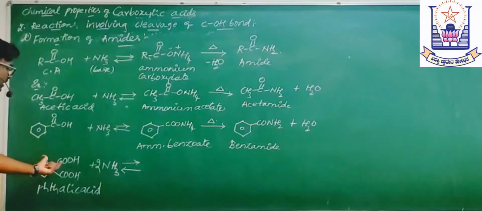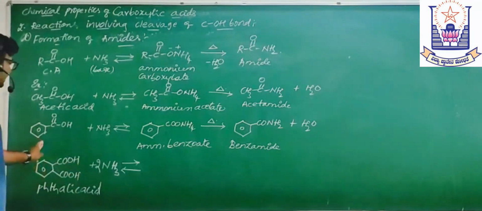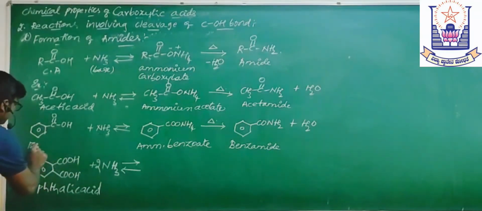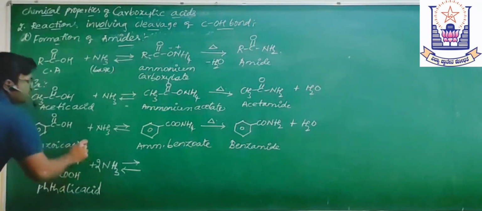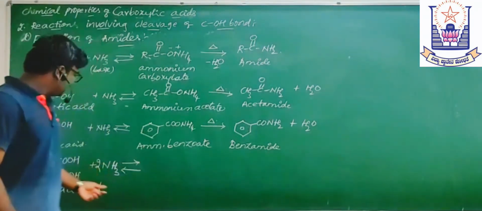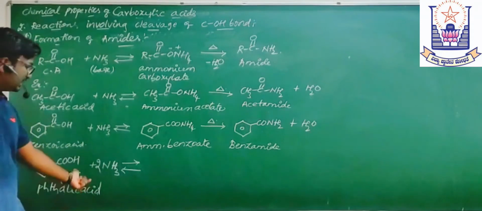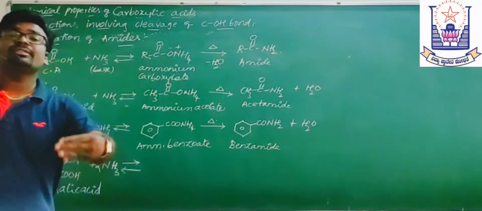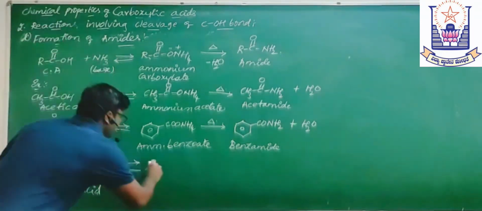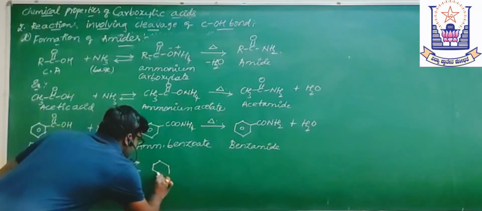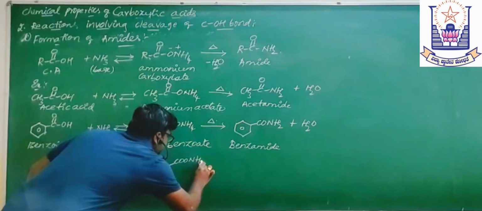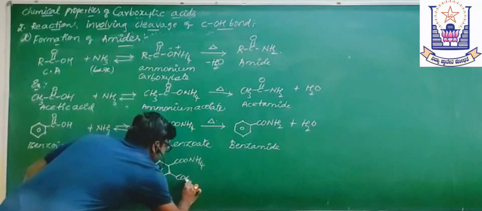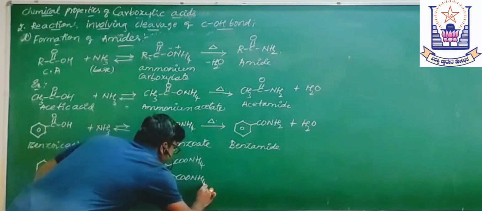Now, benzoic acid treated with ammonia gives ammonium benzoate. Phthalic acid treated with ammonia, you will get ammonium phthalate as the product, that is COONH4, COONH4.